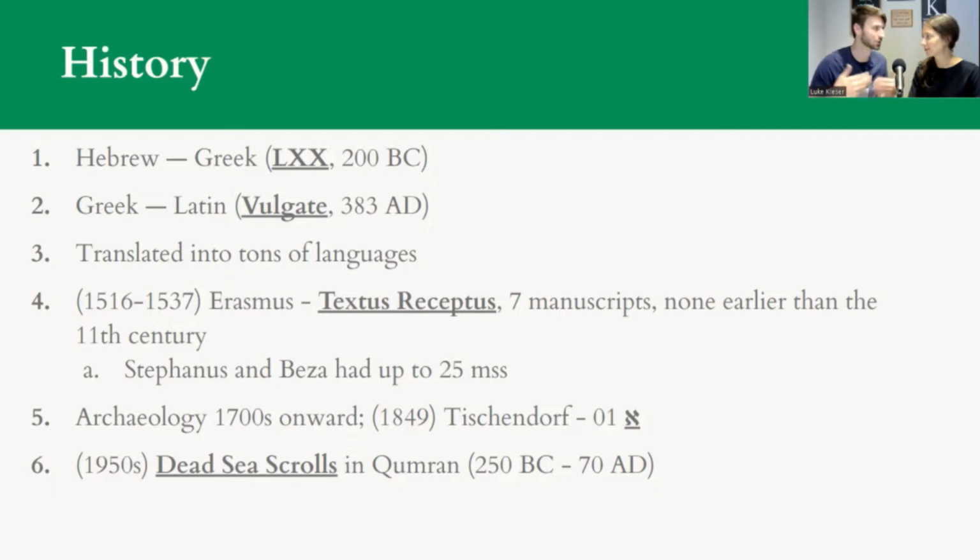Eventually Greek falls out in the West, so we need another translation. A guy named Jerome was commissioned to make a standard translation into Latin. There were already translations in Latin, but he compiled them and made the standard that the church would use. That's what we call the Vulgate. So we have manuscripts of the Old Testament in Hebrew, Greek, and Latin, and the New Testament in Greek and Latin.